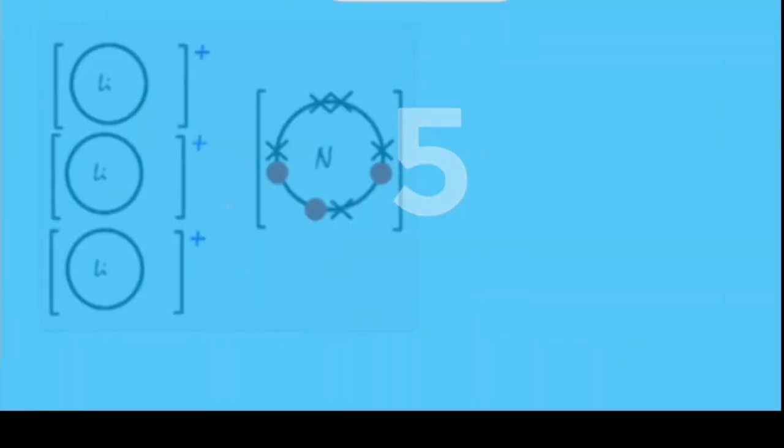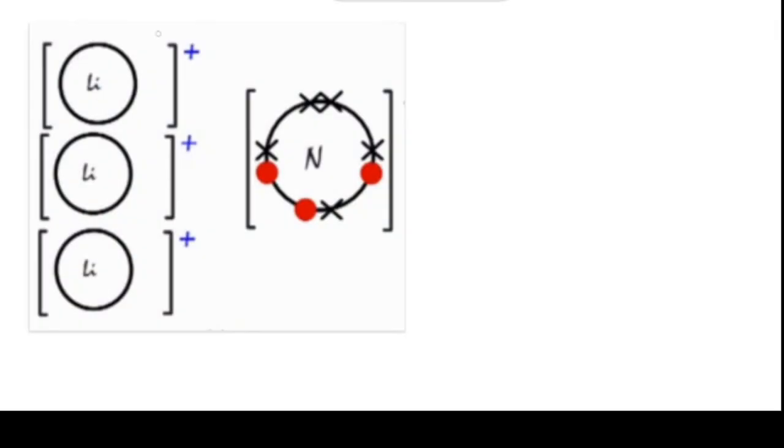So this would be the structure of the lithium ion. As you can see, 3 lithium ions and 1 nitrogen ion, 1 nitride ion, right? The nitrogen atom has gained 3 electrons forming a nitride ion. So this will be the final structure of lithium nitride, the ionic compound.